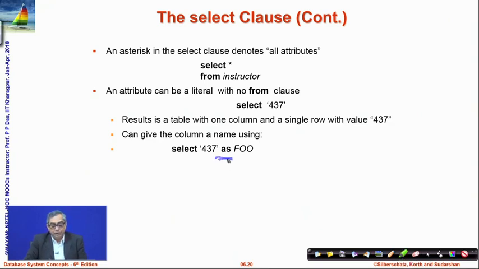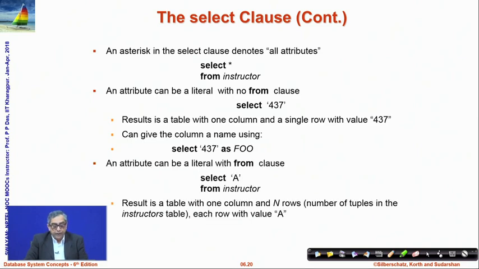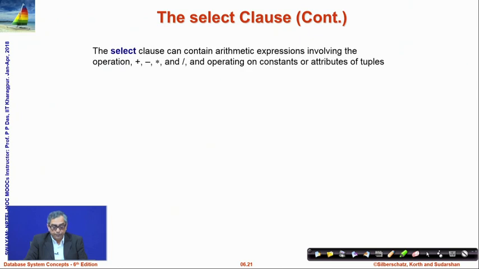So, this will give you a table foo where there is only one row, and that row has an entry 437. You can use that for other purposes also. You can do a select of a literal from a table using a from clause, wherein you will get a single column table where as many A's as there are records in the instructor table will be produced.